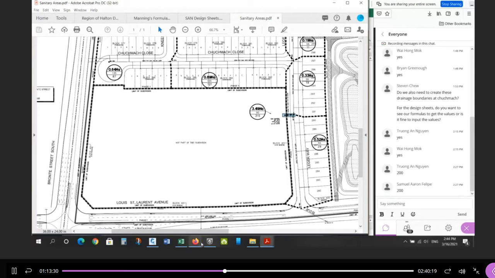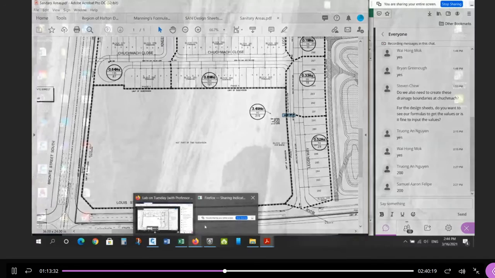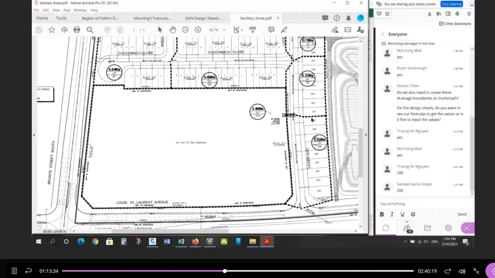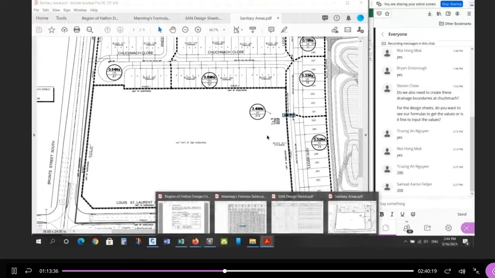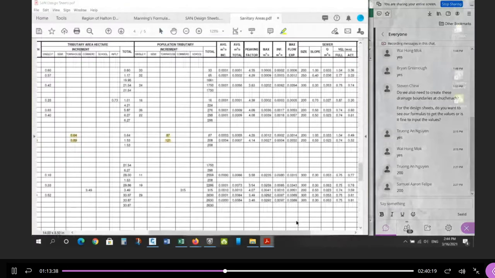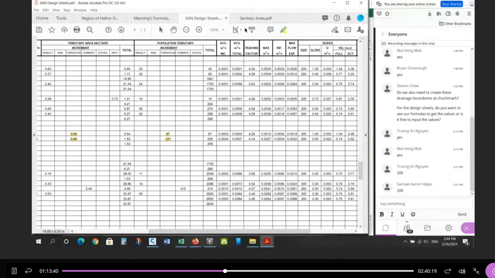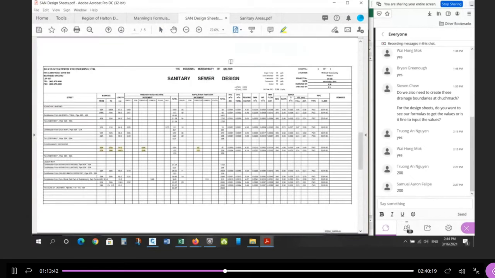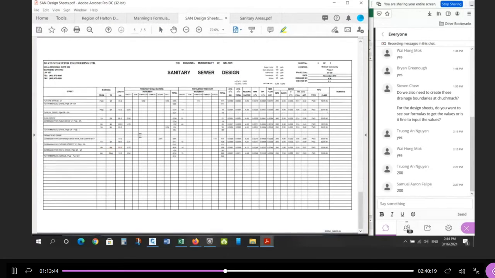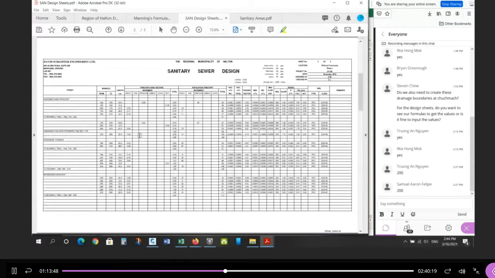So if we go to the spreadsheet, you'll actually see this calculation. So if we go back to the PDF, let me zoom extents. I believe it's on the fourth page now.